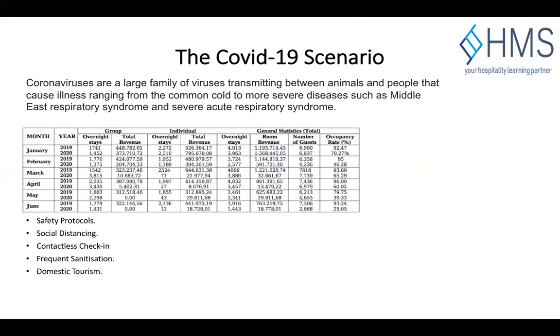Domestic tourism, of course, is very positive in this regard, because as a result of coronavirus and the lockdown, people have been confined to their homes, and once the lockdown eventually started lifting and life started resuming to normal. However, safety precautions at the same time, safety protocols in the form of masks and sanitizers have been a common practice among people.